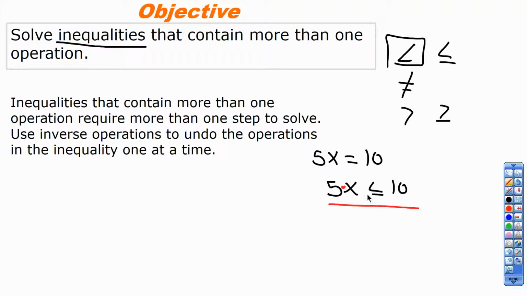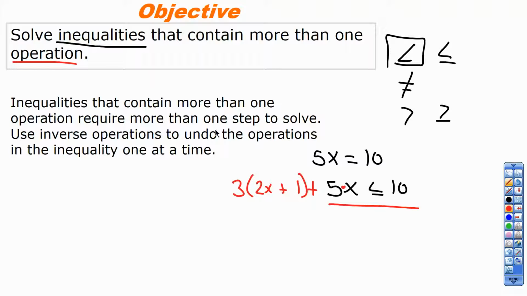To make it have more than one operation, we would need to say plus 1, or any other operation that would add on to that. I could say 2x plus 1 plus 5x, or I could put this in parentheses and say 3 times 2x plus 1. All of that has more than one step, so that contains more than one operation.